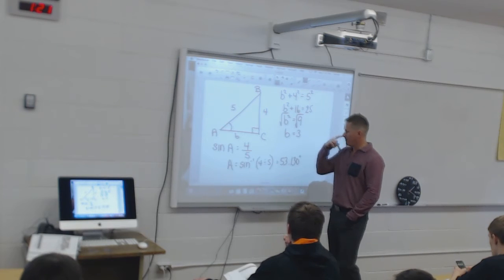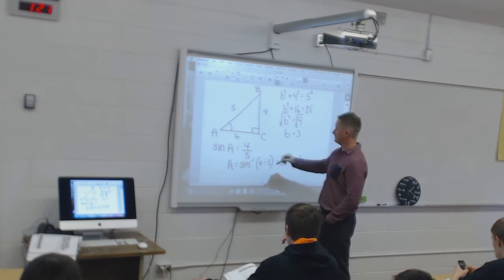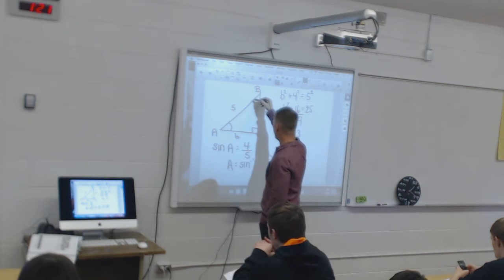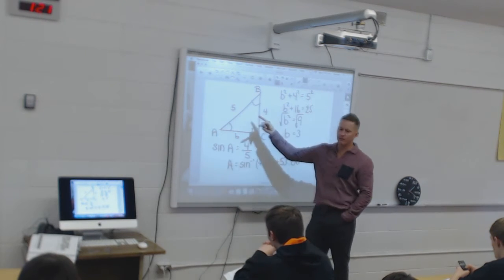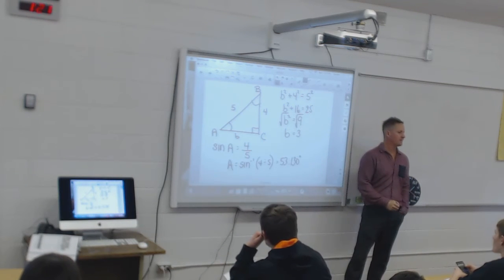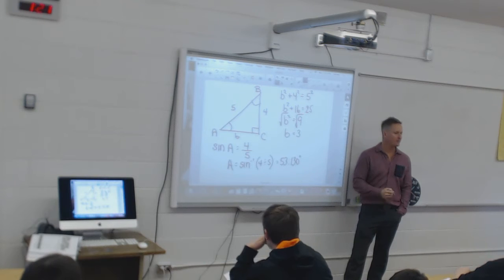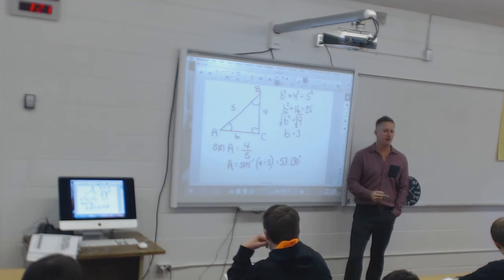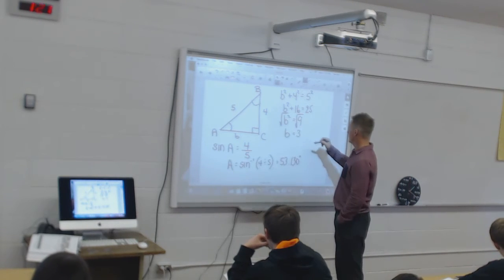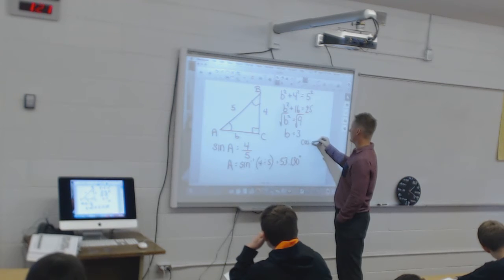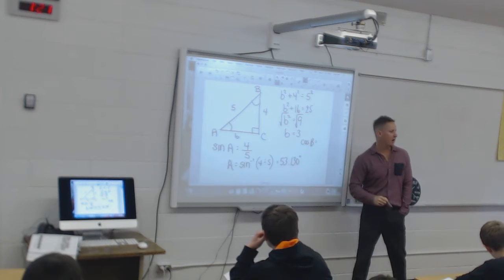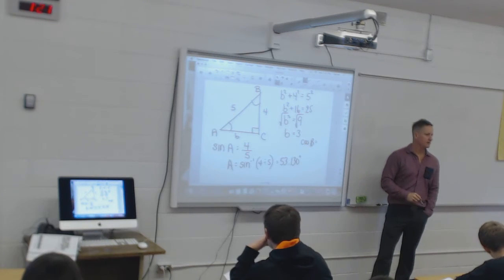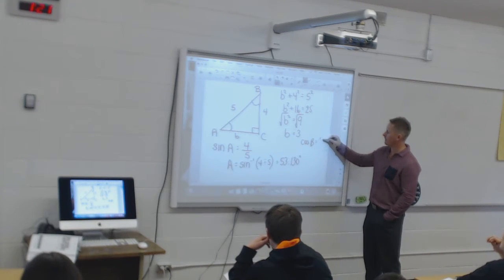All right. Now, let's find out B. Where is 4 in relation to the angle B? Adjacent. Where is 5? Hypotenuse. So which trig function am I talking about? Cosine. So I go cos B, and again you write this out every time so that you know you're doing this right.